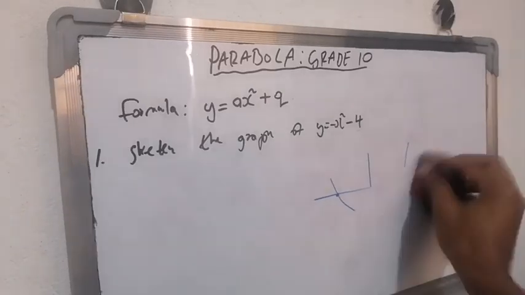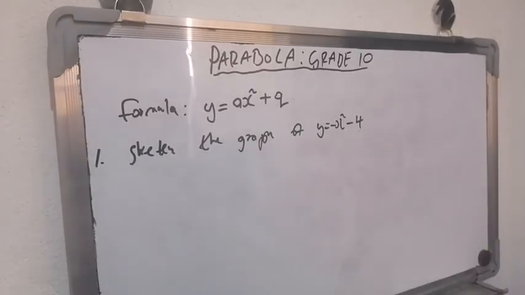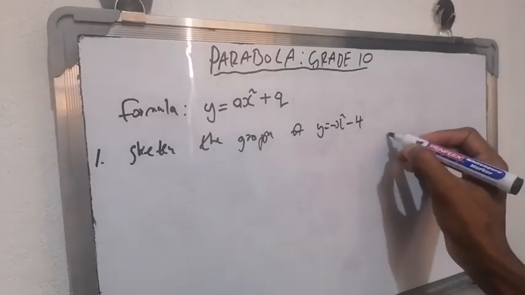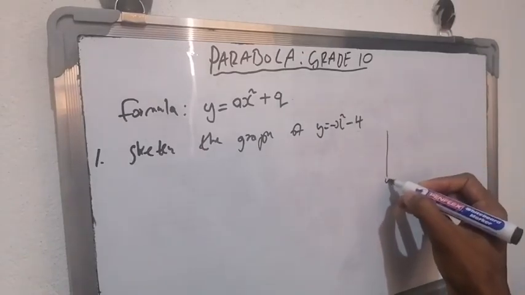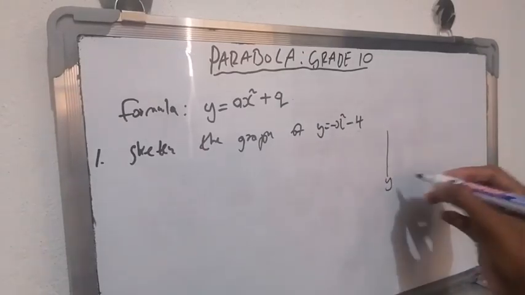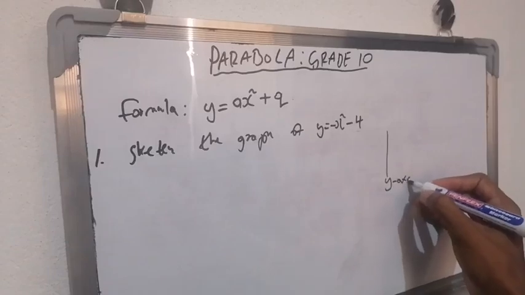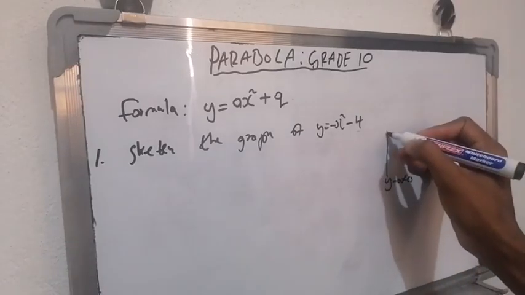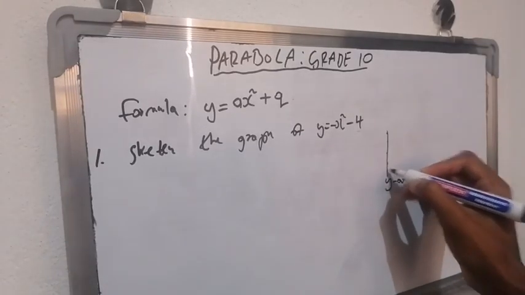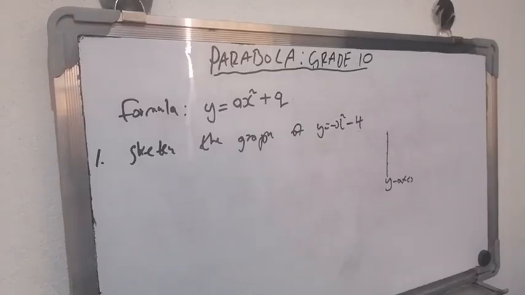Now, before I go into details, I want to discuss something here. If you look at this line, this is the line of y. We call it the y-axis. Any point on that line, we call it a y-intercept, and the value of x will be 0 on that point.